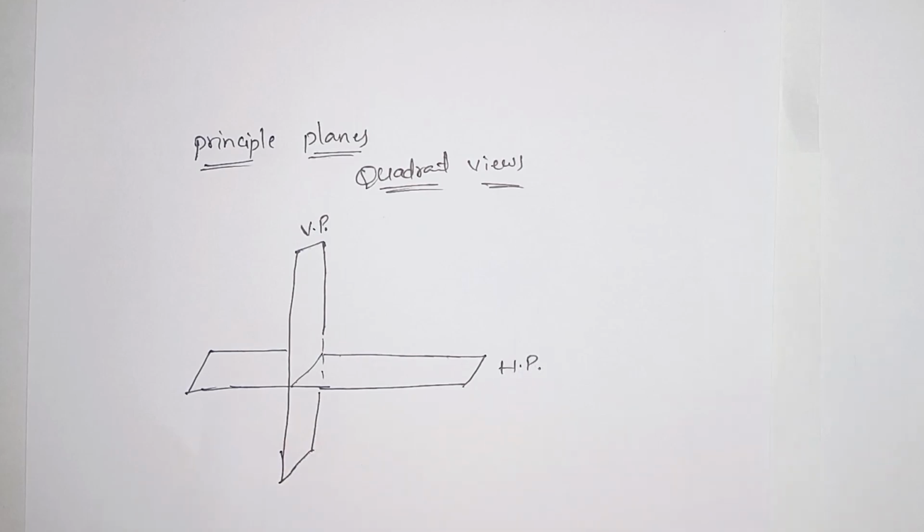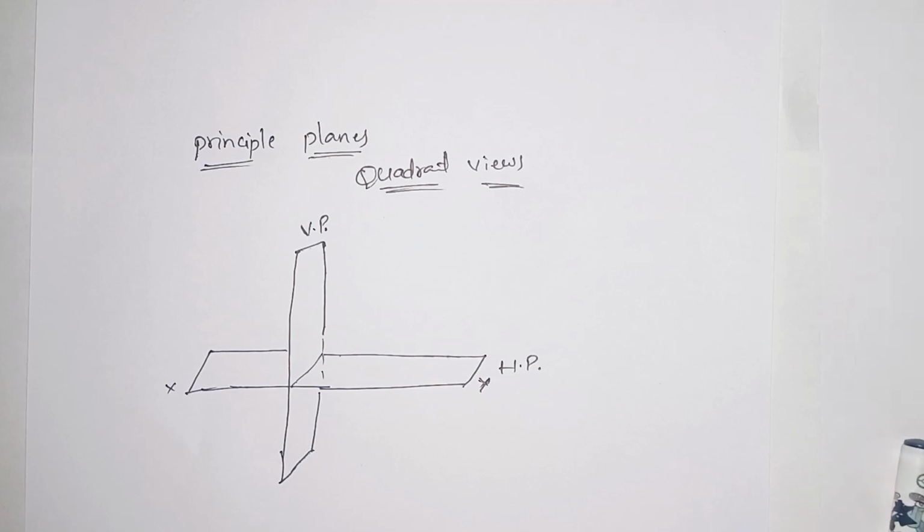The line in which they intersect is the reference line, denoted by the letters X and Y. The projection on HP is called the top view.